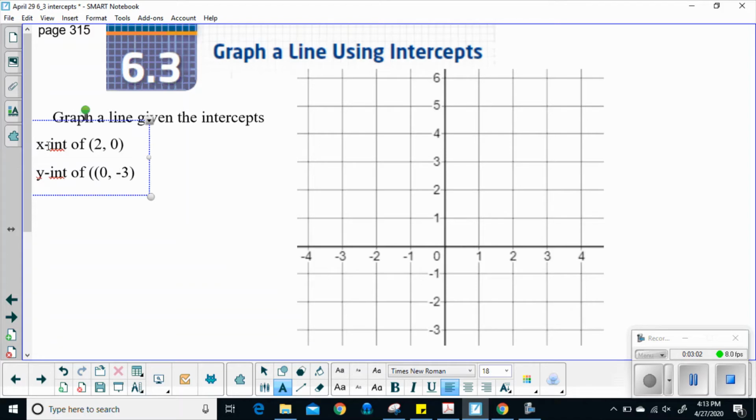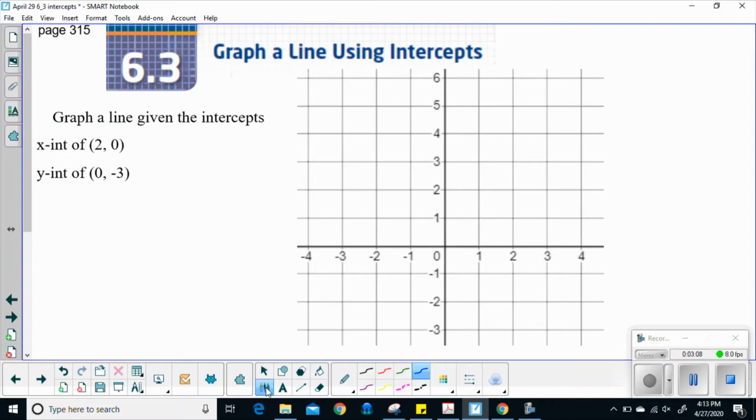That'll fit on the graph that I have here. So let's draw the dots and make a line. For the x-intercept, we go to our x-axis, remember that's this one. The intercept is at 2. And then my y-intercept, remember this is my y-axis, I'm going through at -3.